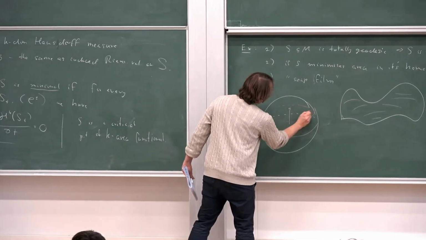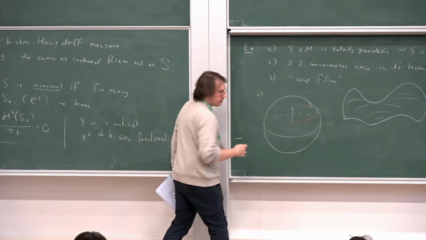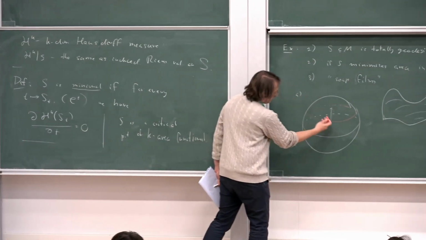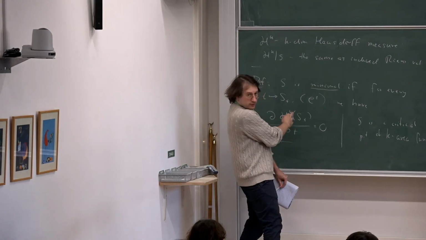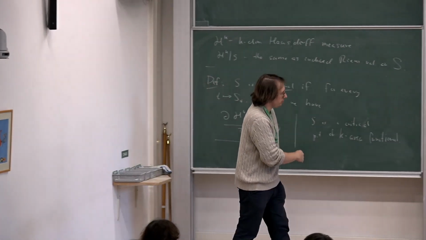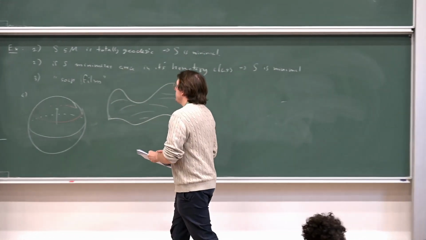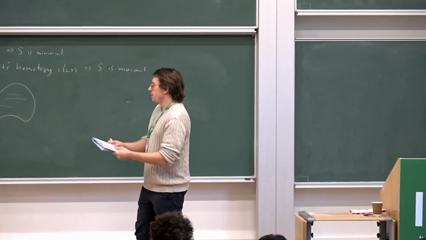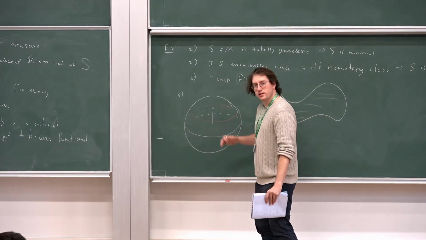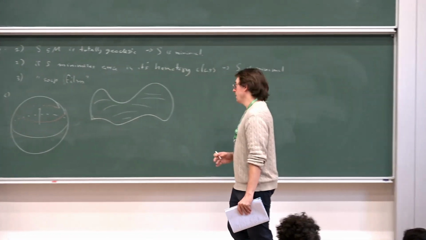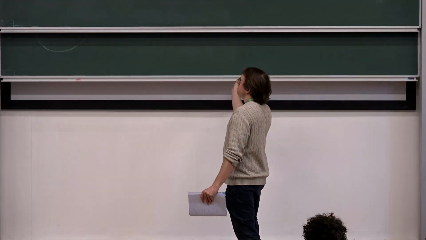You would be actually decreasing the area, but still we will call this thing minimal because this decrease in area happens only in the second order. If you do Taylor expansion of this function, you would only see it in the second order. And in the applications of minimal surfaces, especially what I'm going to talk about, many examples will actually be like this. They will have some directions where you infinitesimally will actually increase the area, but only in the second order.